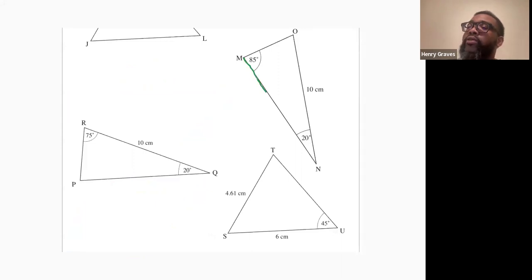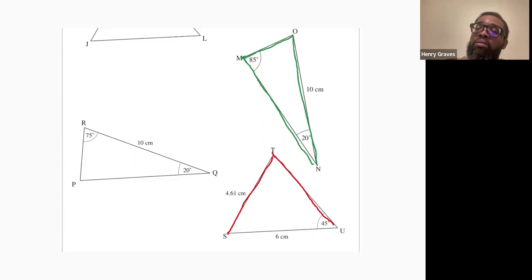Here's the green triangle. Here's the red.